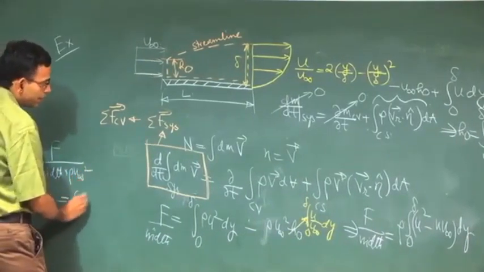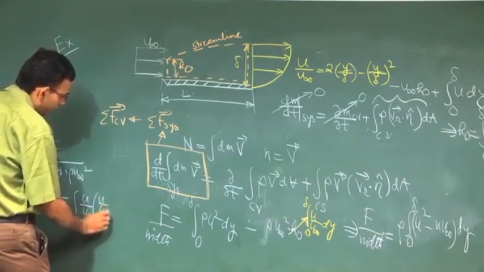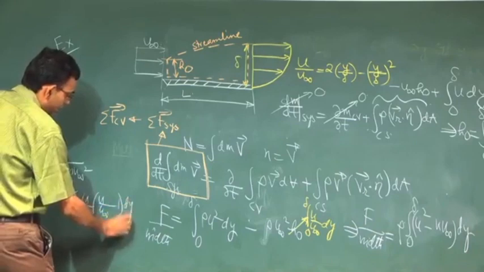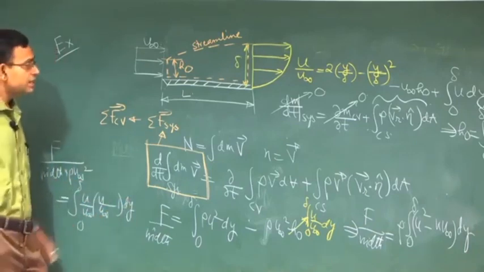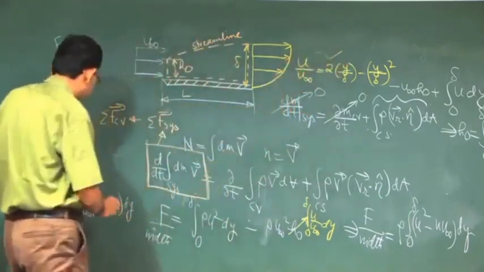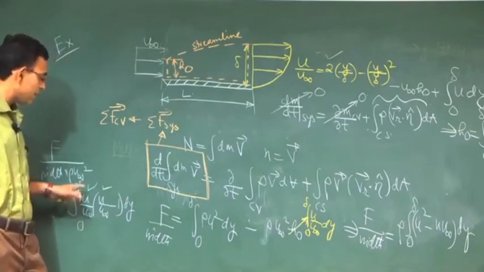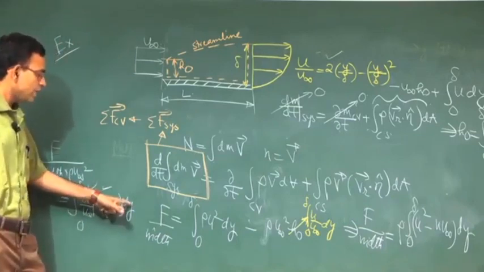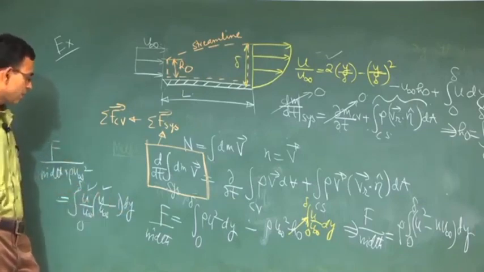So it will be integral u by u infinity into u by u infinity minus 1 dy, and this u by u infinity as a function of y by delta is given, you can substitute. If you change the limit 0 to delta, y to y by delta, it will become 0 to 1, and then you can integrate this very easily.